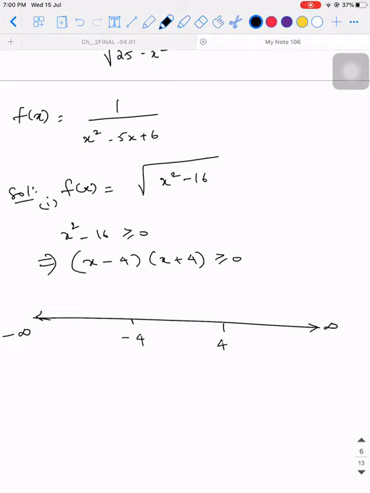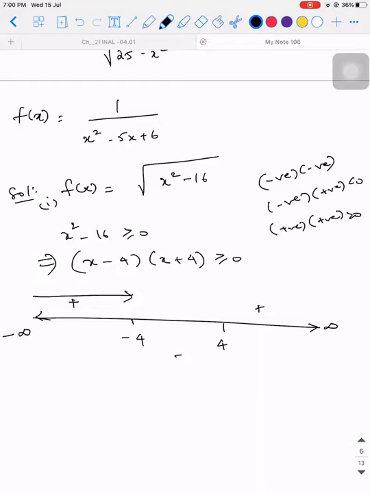Right? So when you substitute a value which is less than minus 4, let's say minus 5, what do you get? Negative into negative, positive. When you substitute a value between minus 4 to 4, you can take 0, negative into positive, you get negative. Anything greater than 4, positive.